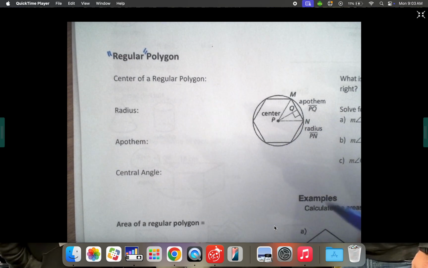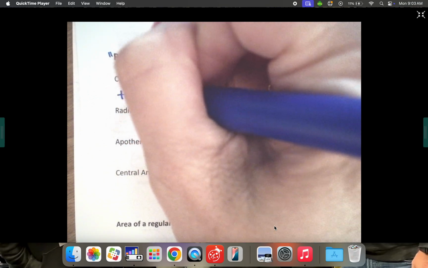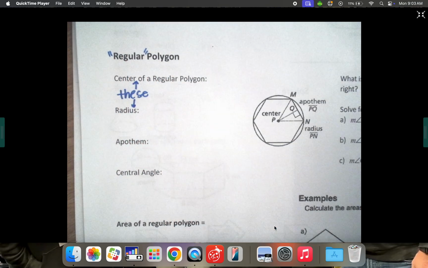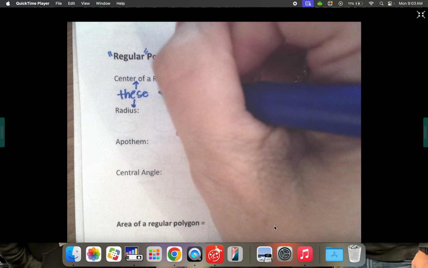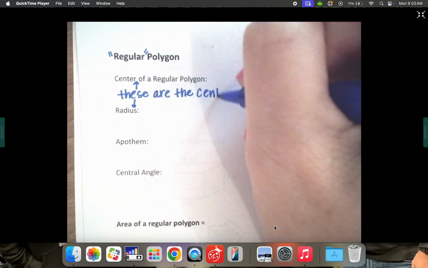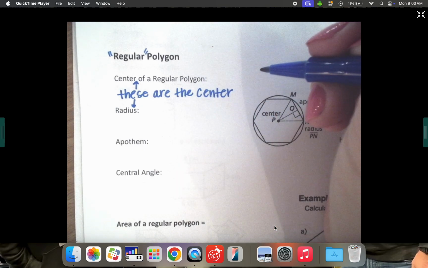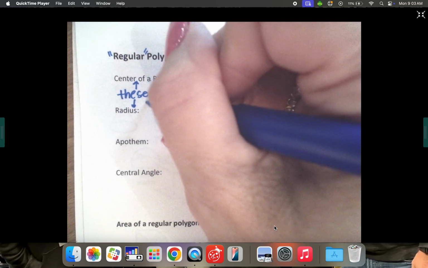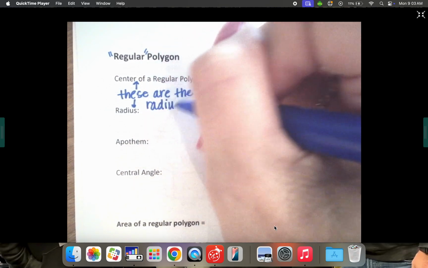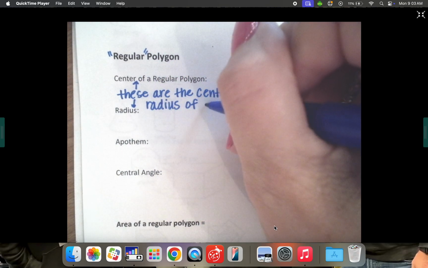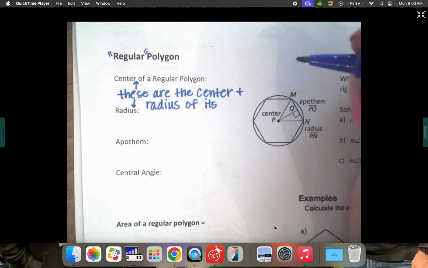So let me put both of these, this and this. Both of these are the center. And this one's the center and this one's the radius, but what we're talking about is of its circumscribed circle.